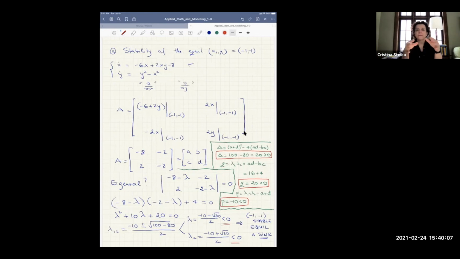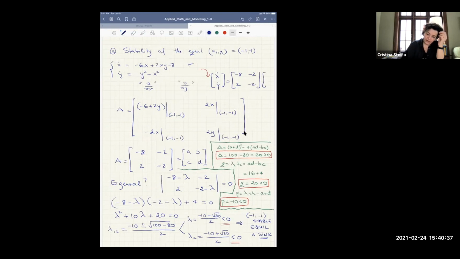So all these linear systems, because that's what we're doing here, from this one we're going to the linear system, which would be, well, actually first in x and y, minus 8, 2, minus 2, minus 2 acting on x, y.